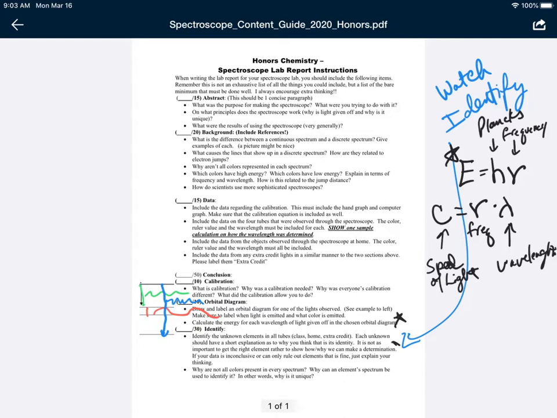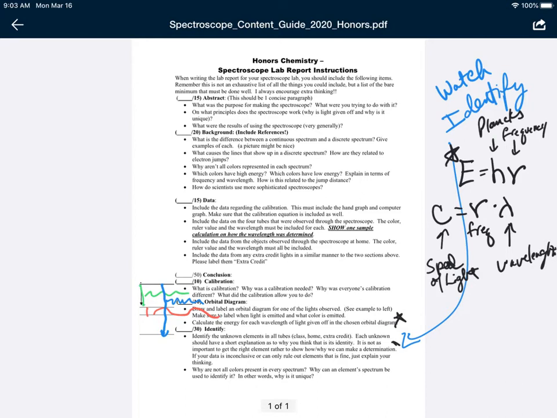The key thing in this identify section is that you are discussing wavelengths that were observed and calculated, and then comparing them to the data for comparison. So it's not about necessarily getting the right answer. It's very much about thinking through and sharing your thinking of how you got to the conclusion that you did, how you determined the wavelength that you determined.